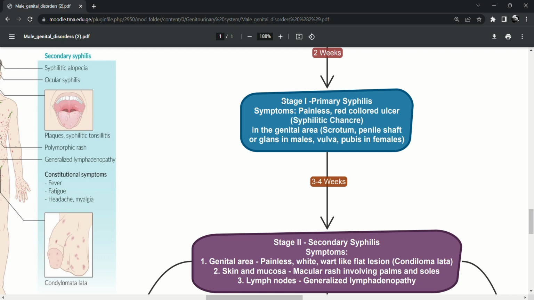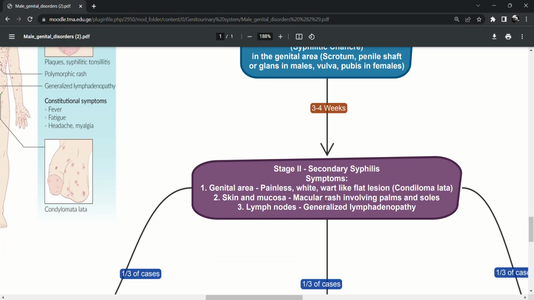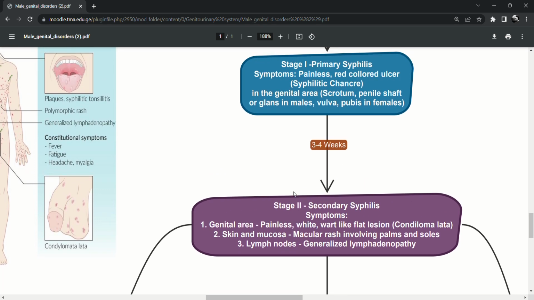Okay, so stage 1, primary syphilis with the chancre, usually resolves itself without any treatment in 3 to 4 weeks. But after 3 to 4 weeks, a person develops stage 2, secondary syphilis.